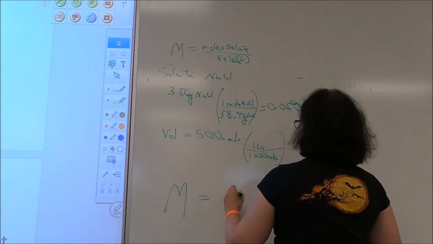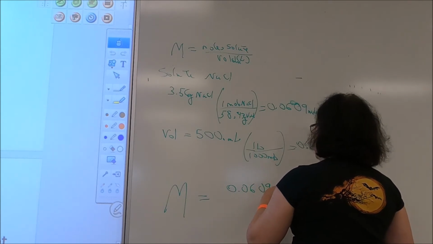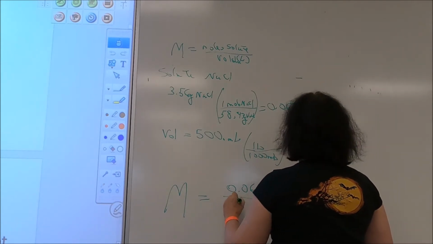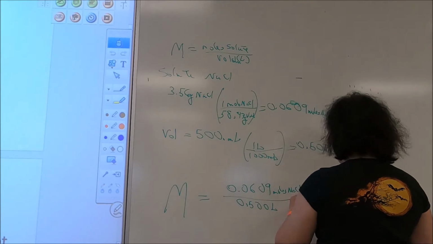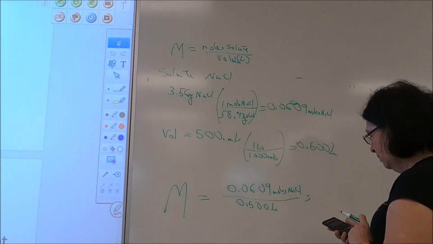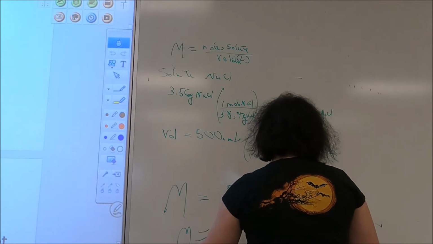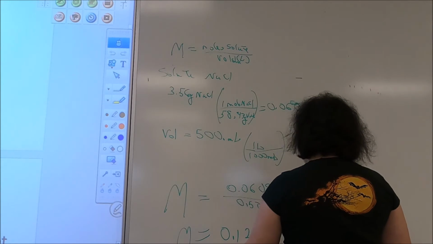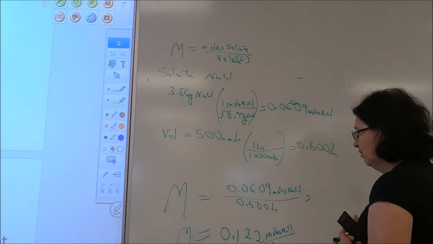Our molarity then is going to be 0.0609 moles of NaCl for every 0.500 liters. So our molarity here is equal to 0.122, and I could write moles of NaCl over liters.